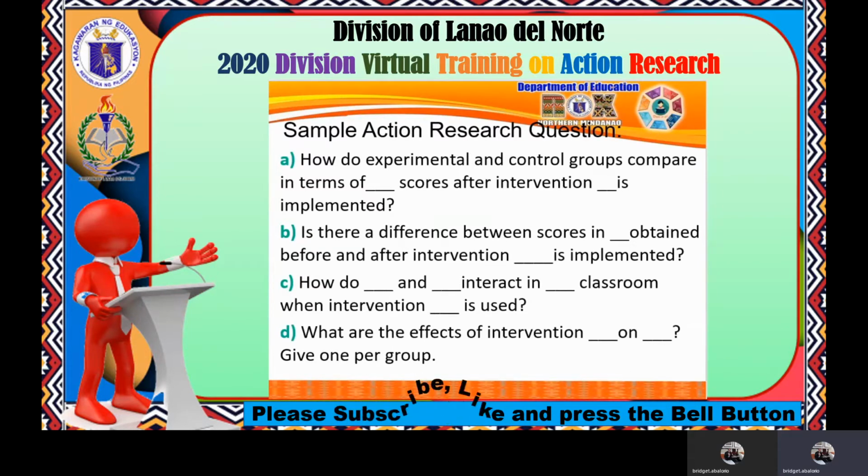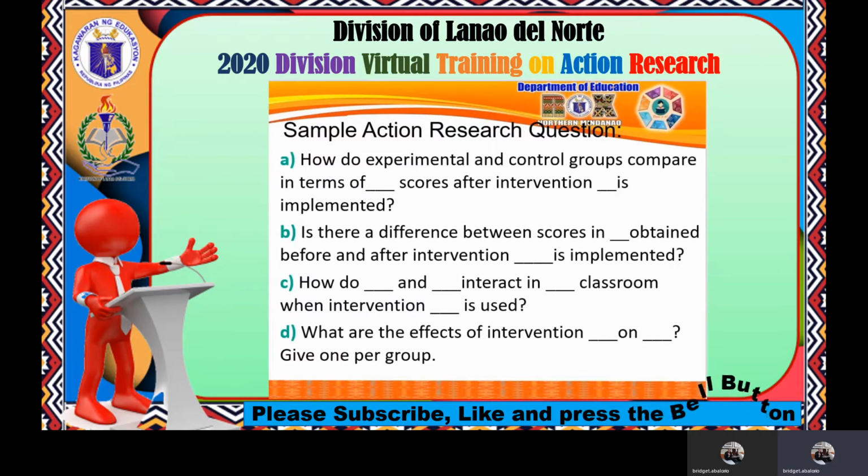1. How do experimental and control groups compare in terms of blank scores after intervention blank is implemented? Second, is there a difference between scores in blank obtained before and after intervention blank is implemented?